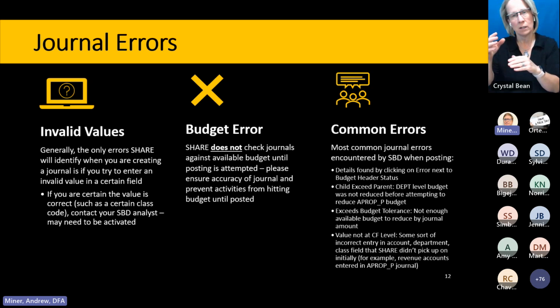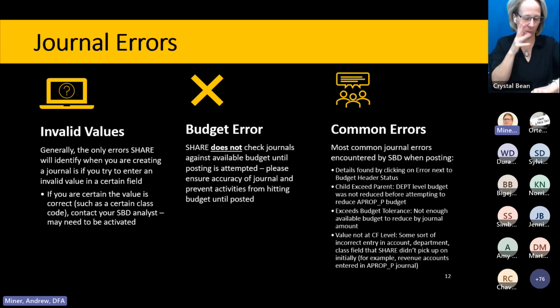That might happen when unexpected expenditures hit the budget between the time that you submit the BAR and we post it, especially with that 10-day wait. So it's important to plan these things out and make sure that doesn't happen. Otherwise, this is the error we'll get.